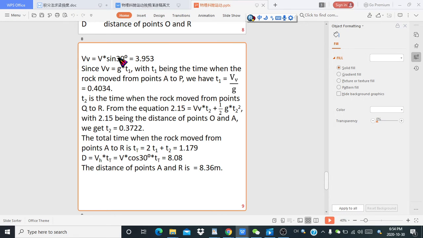Here we get the vertical component of velocity v, that is VV. We can use this expression to calculate the VV component of velocity v.